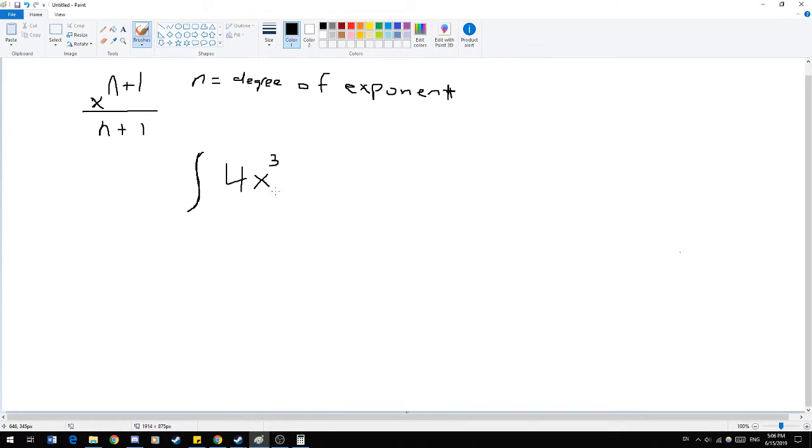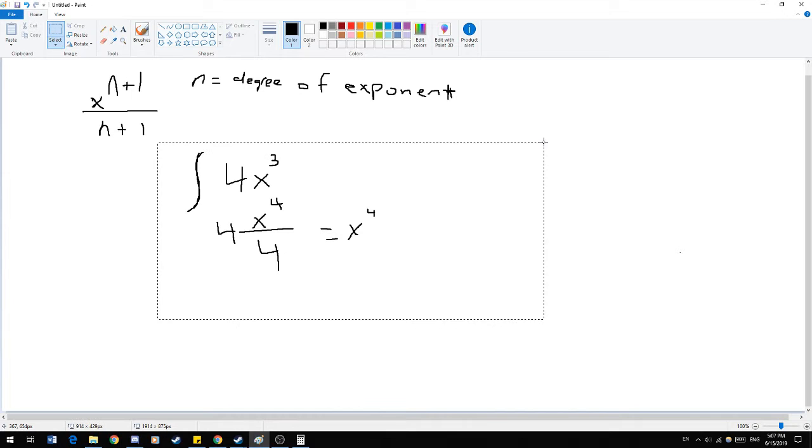So we're gonna follow the formula, so x to the n plus 1, so 4, and then we're gonna divide that by n plus 1, which is 3 plus 1, so 4, and then we're gonna multiply this whole thing by the coefficient, and the coefficient isn't affected by the integral, so you're gonna have 4 times x to the 4th over 4, which is just equal to x to the 4th.